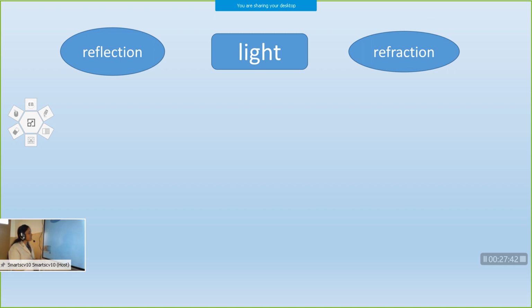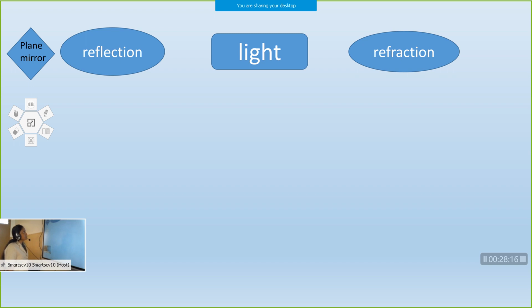With reflection, we learned reflection of light through plane mirror and spherical mirror. In the case of plane mirror, when light falls on it, it gets reflected back to the same medium. What can we say about the nature of the image? It is virtual and of the same size as the object, and image distance is equal to object distance.